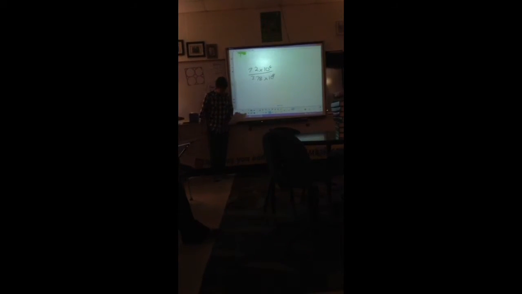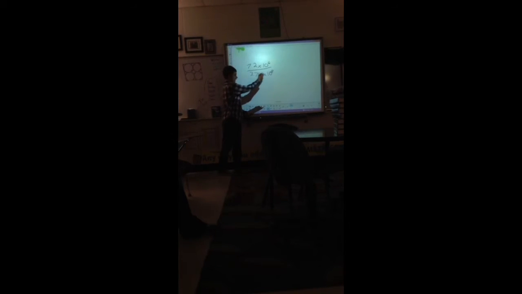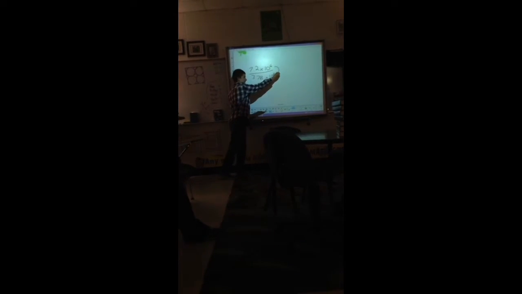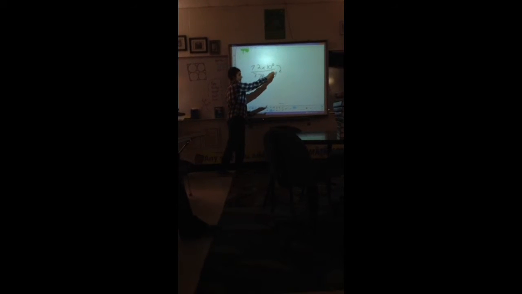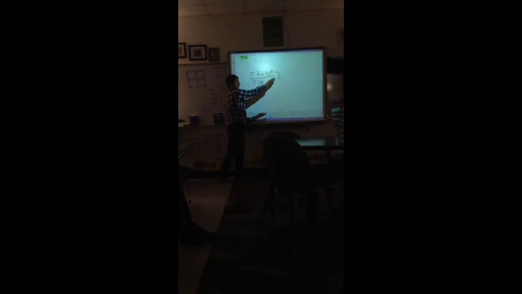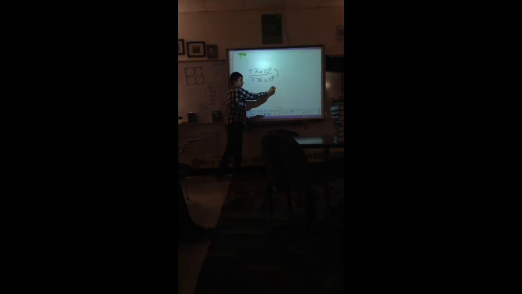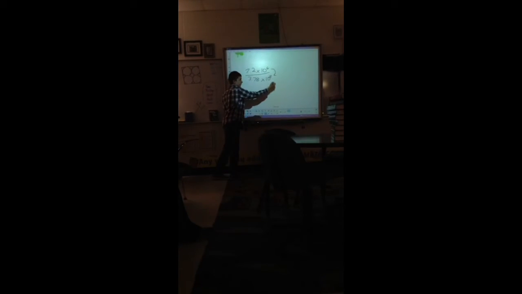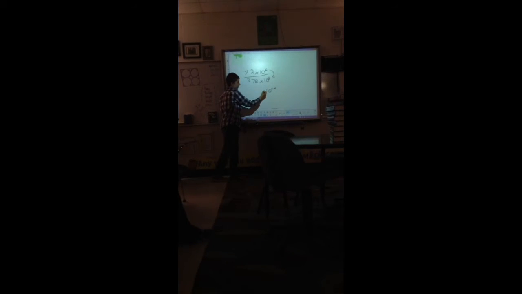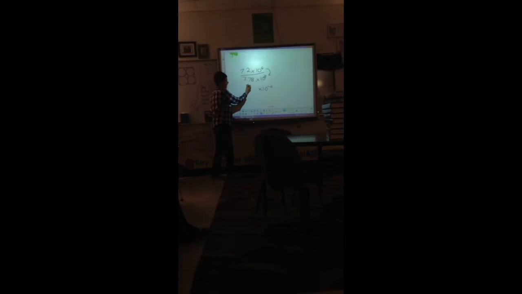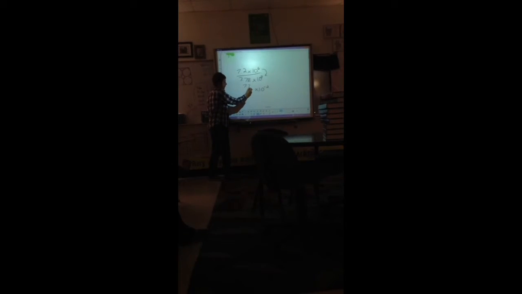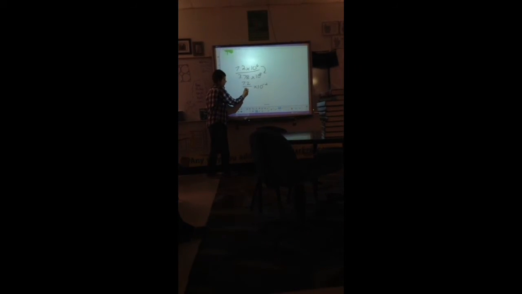River is explaining to us how to divide scientific notation. All right, River's going to go ahead and finish explaining. So what I do here that the book says, kind of what I assume the book says anyways, is you take the top exponent, subtract the bottom exponent to get the third exponent, which would make 10 to the negative second power, and then you just take this and bring this fraction down, so you have 7.22 over 3.78 times 10 to the negative second power.